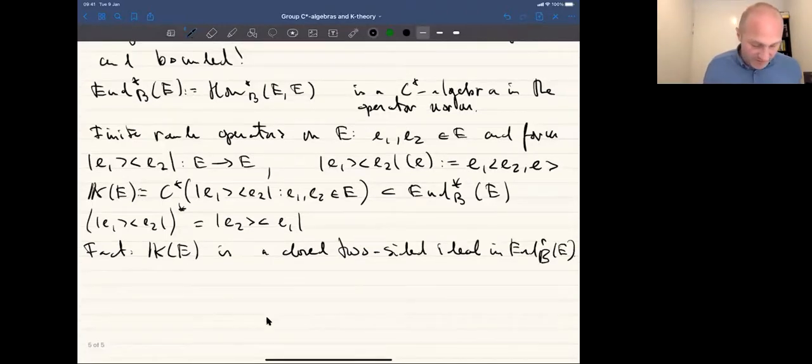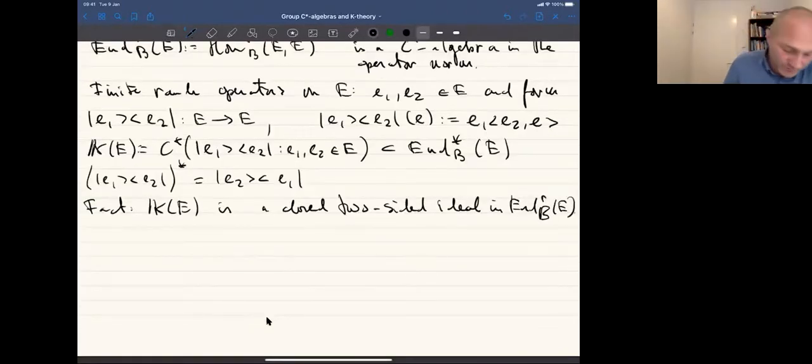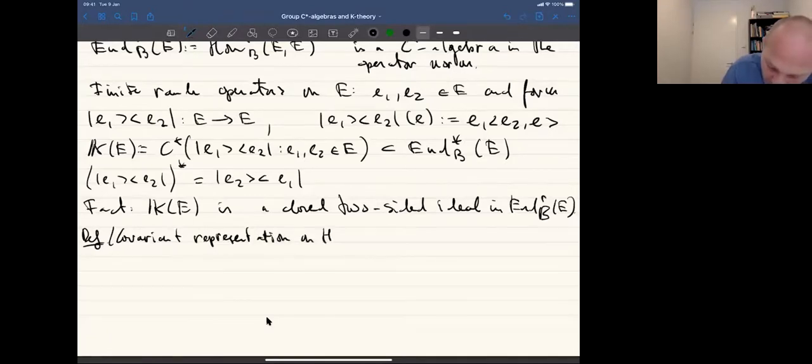we can generalize the notion of a covariant representation on a Hilbert module. So, covariant representation on Hilbert modules.